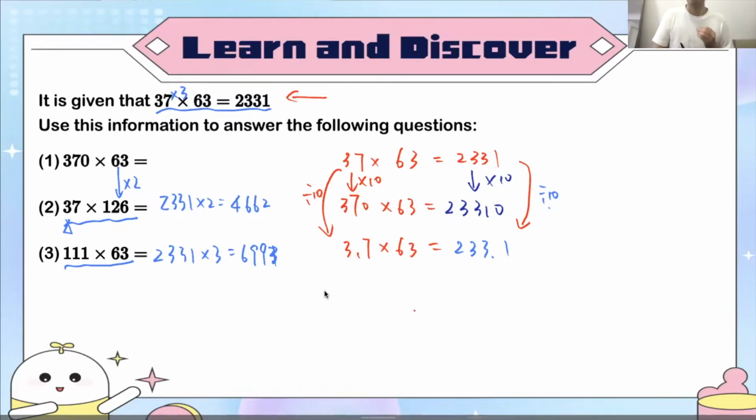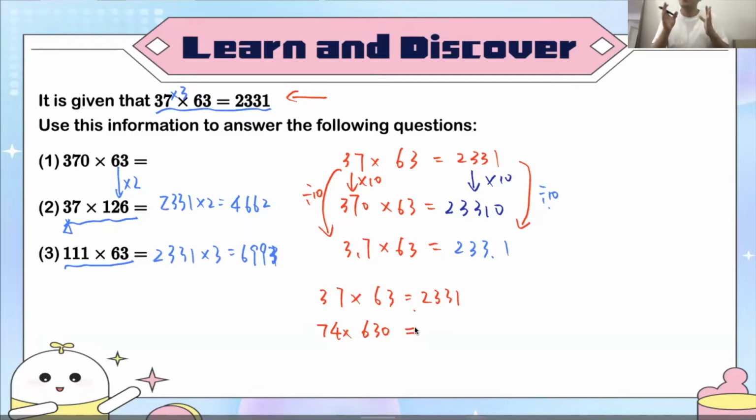And if we change both multipliers, what happens? I will write down 37 times 63, that is 2,331. This time, I will change both multipliers: 74 times 630. What is the result?